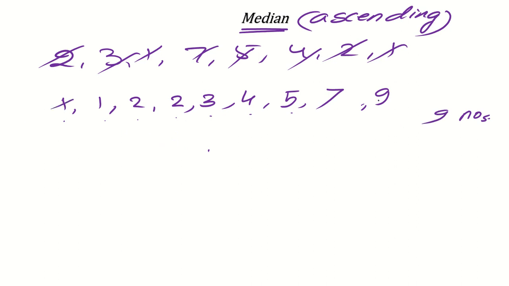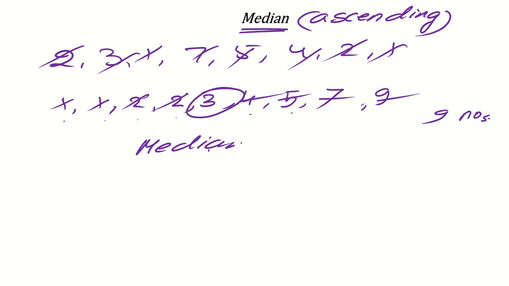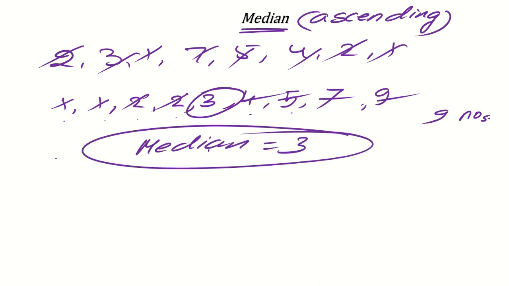You see, cut one from here, one from here, and so on, until only this is left, so that will be the median. So median is equal to 3. Like this you can find the median. But remember, for the median you must always write the numbers in ascending or descending order. Okay, like this you can solve this question.